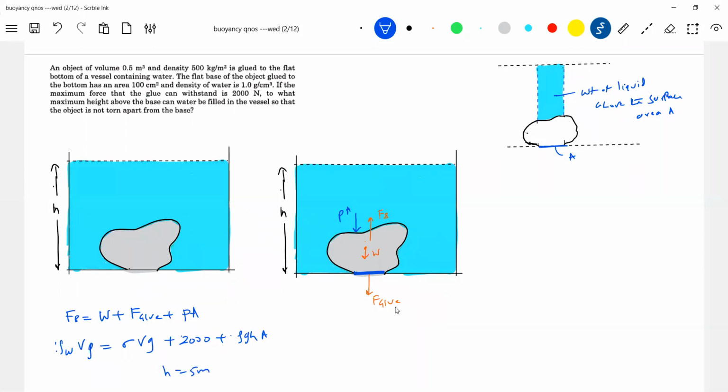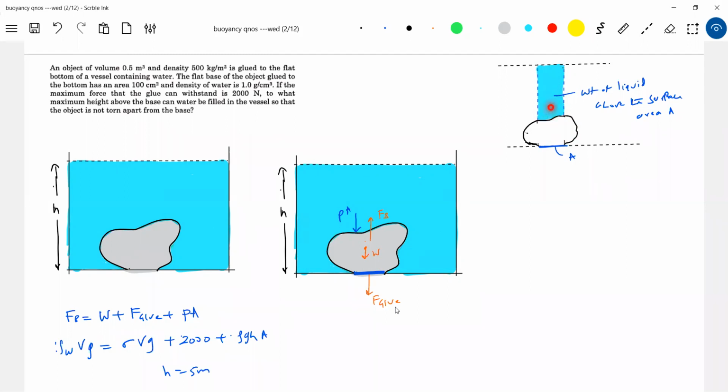So why PA? We should take only the weight of the liquid above the glue surface. The remaining liquid will exert force, no? So that particular force will be balanced here, because here there is no liquid. Am I right? So the net force will be only the weight of the liquid present above the surface area. That is the PA you should take here.